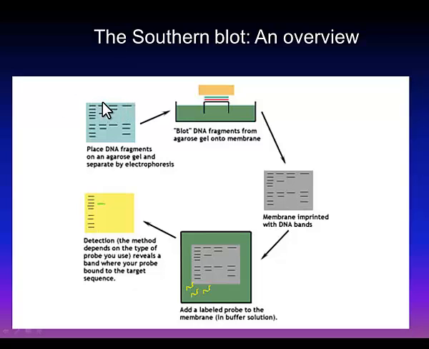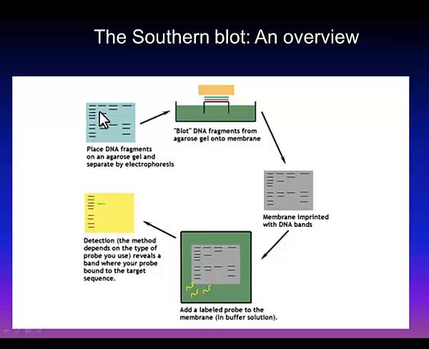In a Southern blot, you load your DNA samples into each of those wells, and then using electricity, you force the fragments to move through the gel, with the smallest ones moving the fastest because they encounter the least friction. In all gels, it's vitally important to add a size ladder, a series of fragments that you already know the size of, that you can use to compare your samples to.